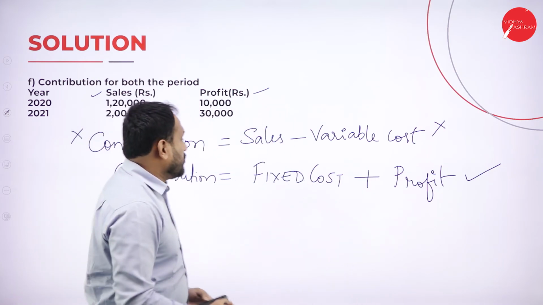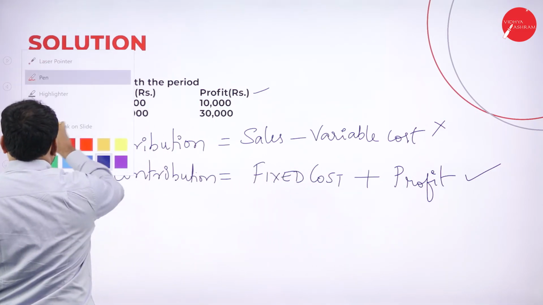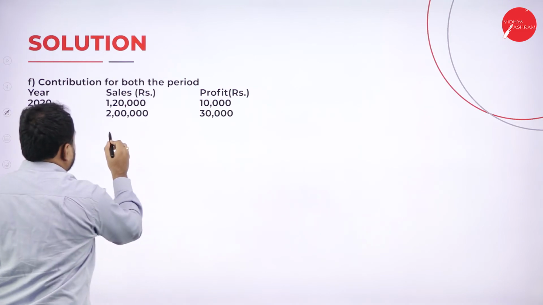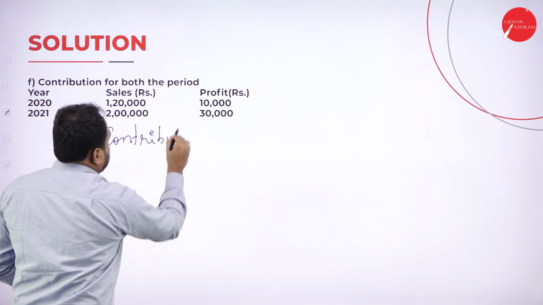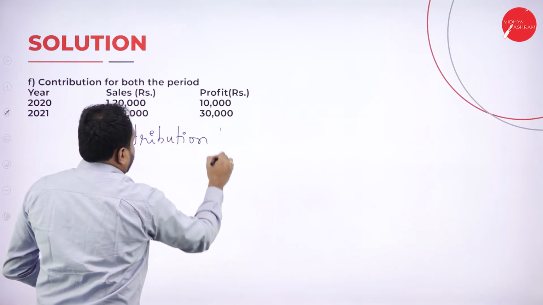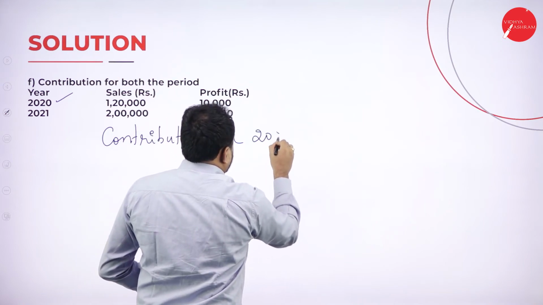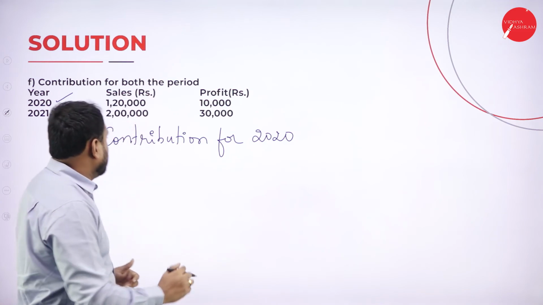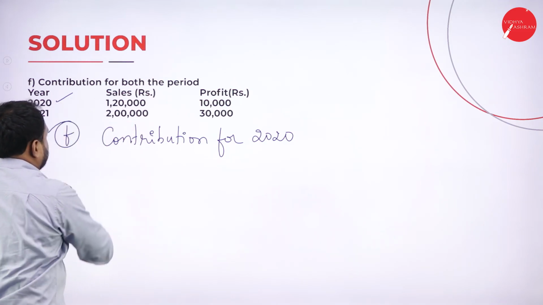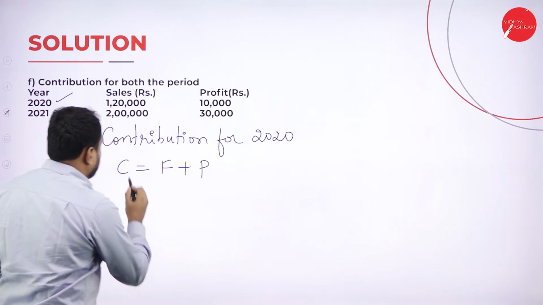Now let's go with this. So we got to know that contribution formula, which one we should take? We should take fixed cost plus profit. Now I'll erase everything. So contribution for, first we'll take 2020. Contribution for 2020. Now you denote this as F. Now C is equal to F plus P. Now C we don't know.